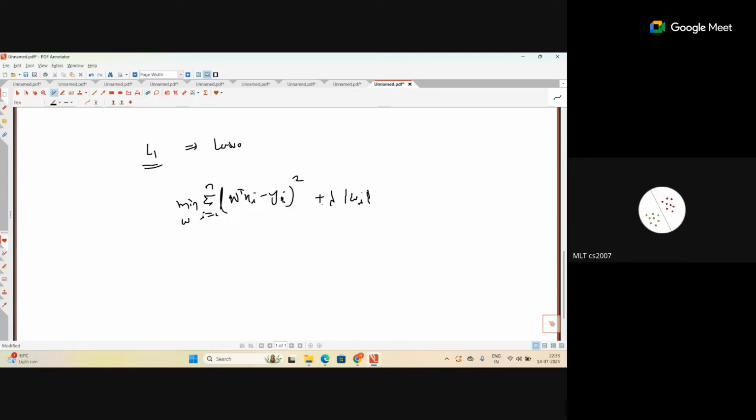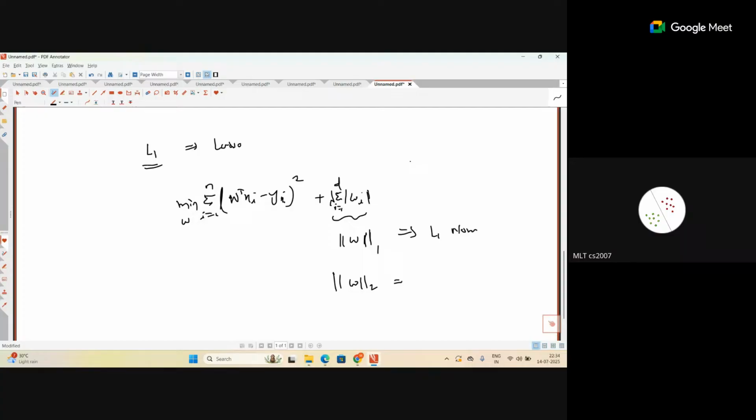This term is the summation from i equal to 1 to d of the absolute value of W, written as the norm W 1, where 1 identifies it as the L1 norm.